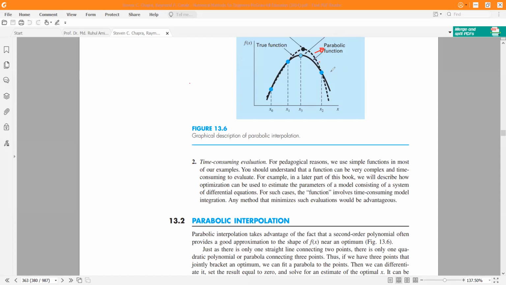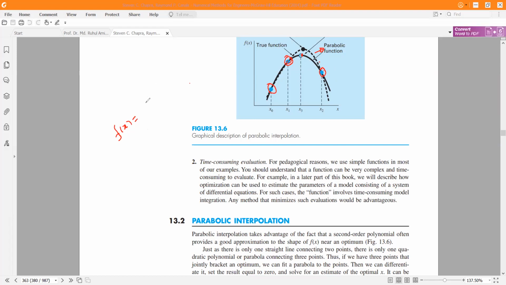That parabolic function can be represented if we have, for example, 3 points available with us. Say this is your x0, this is your x1, the other point is your x2. Using these 3 points, can we find a polynomial, say f(x) equal to, you have seen this thing earlier, isn't it?